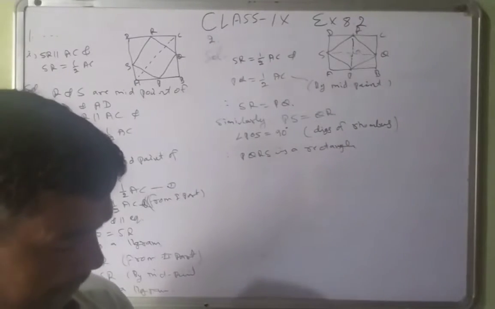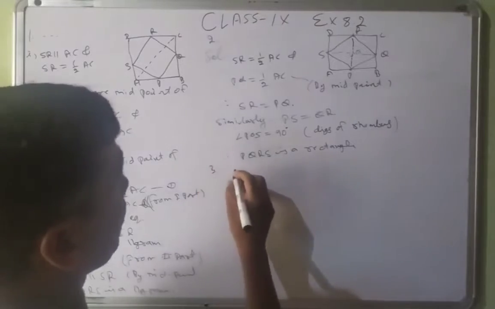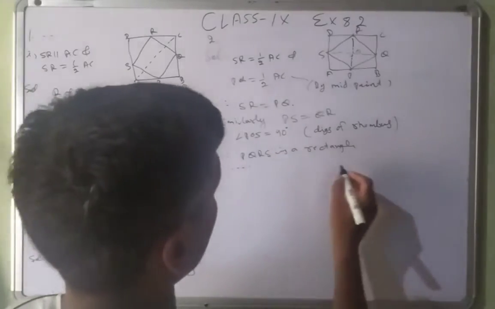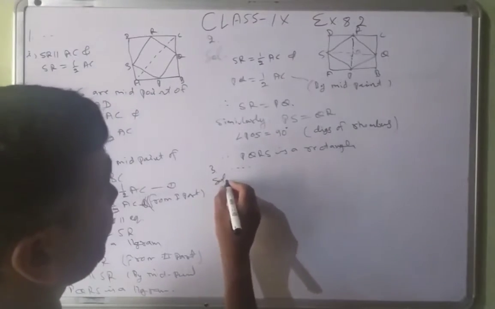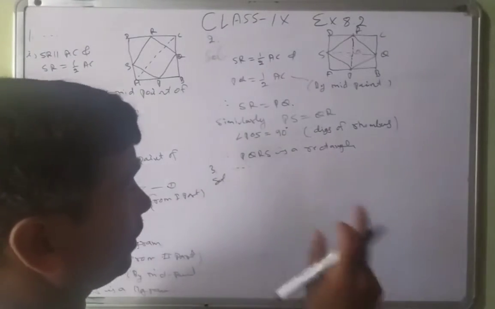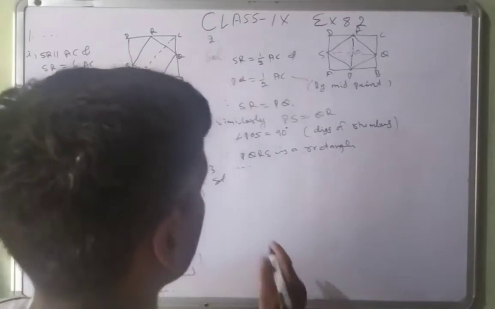Third: ABCD is a rectangle and P, Q, R, S are the midpoints. Now the rectangle is given. Same diagram we will take here. Solution: now the rectangle is given, and we need to prove that it is a rhombus.